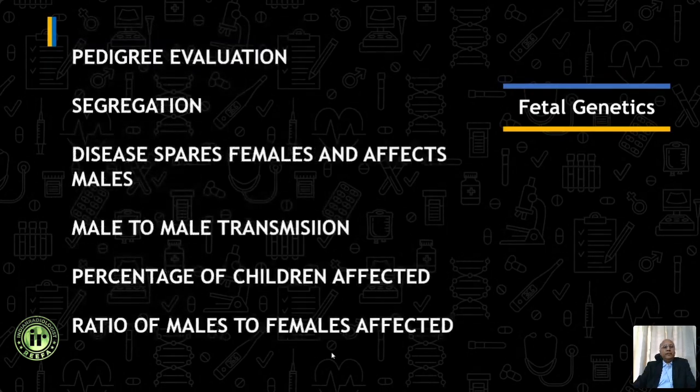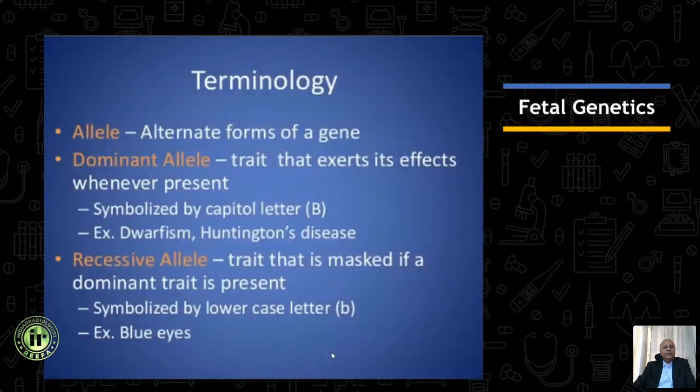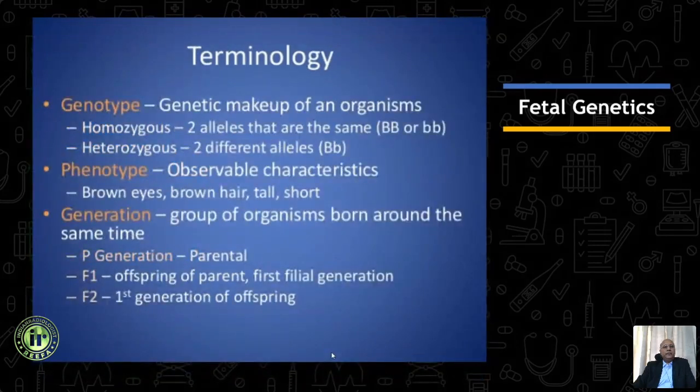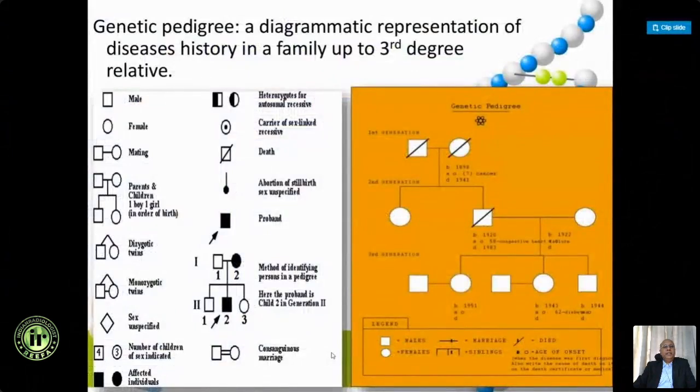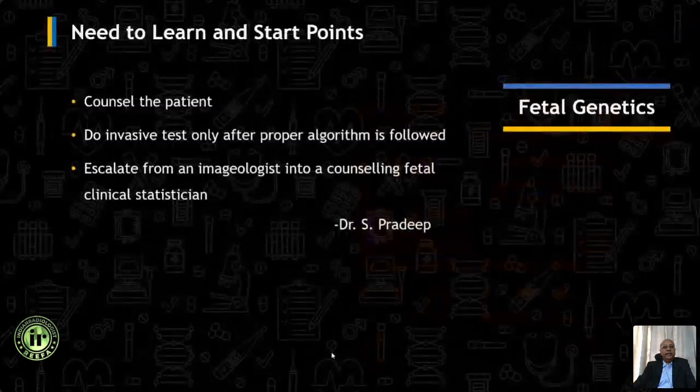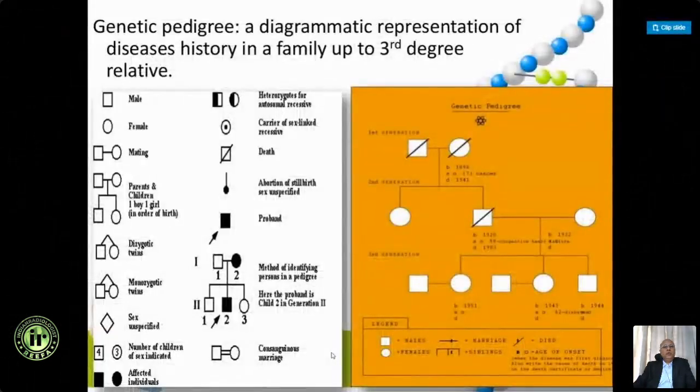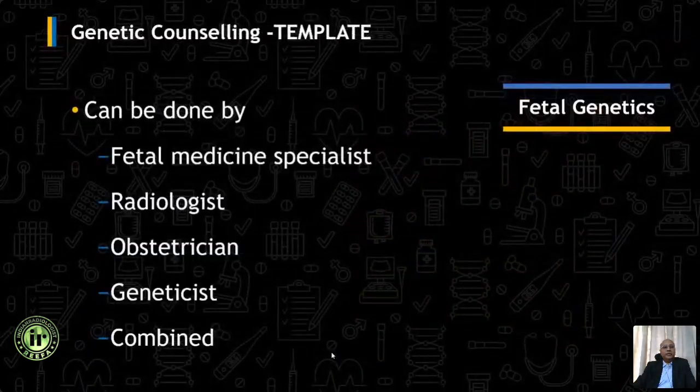Pedigree evaluation makes us understand whether the pattern of inheritance is dominant or recessive or otherwise. So we need to understand a lot of terminology which has to be used in genetic counseling. We need to understand a lot of signages which are used in drawing these pedigree charts. And once we do all this, we can start genetic counseling.